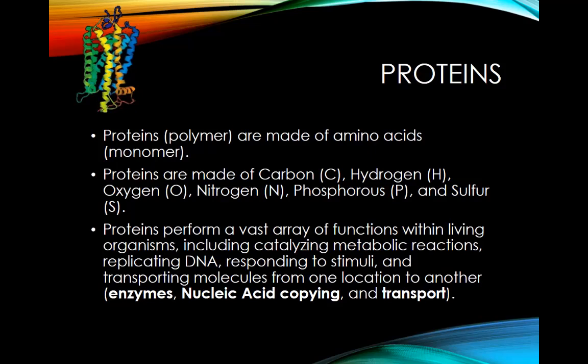This is the only group that uses all six. When we look at nucleic acids from last class, for example, you still have carbon, hydrogen, and oxygen, because that's in all of them. You have nitrogen and phosphorus as well, and you actually have more nitrogen in your nucleic acids. But this is the only group that also includes the sulfur.